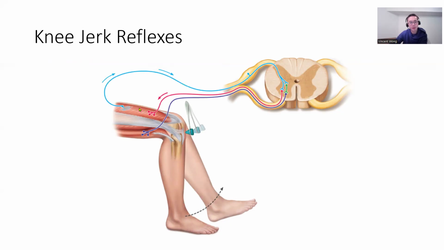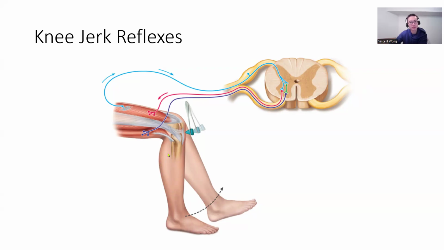You can see the sensory neuron here. It's going to send the information to the spinal cord, and then there are actually two motor outputs here. One is going to go to your quadriceps, and it's going to cause it to contract, and then the other goes to your hamstring, which is going to tell it to relax.